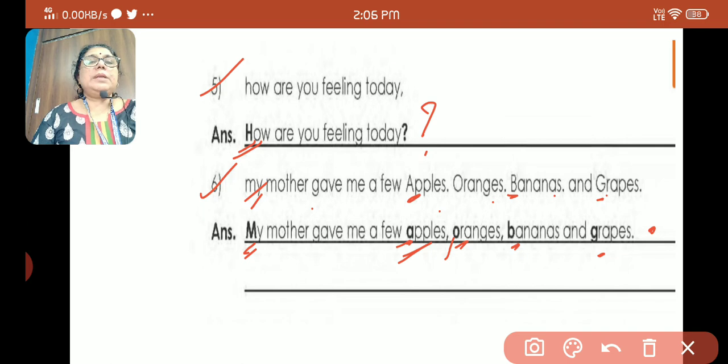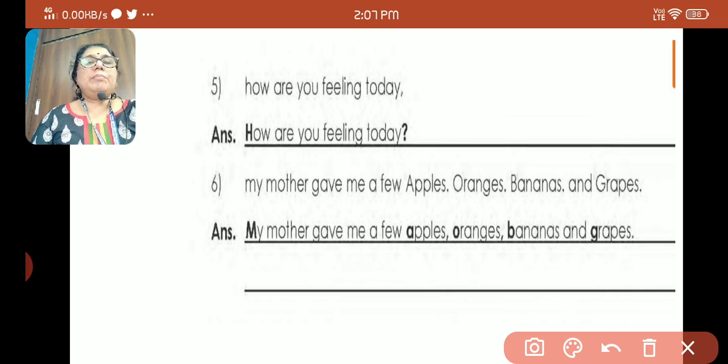Let's do it again. My, capital, right? Mother gave me a few apples, comma, oranges, O small, comma, then bananas, B small, and grapes, full stop. Got it, children?